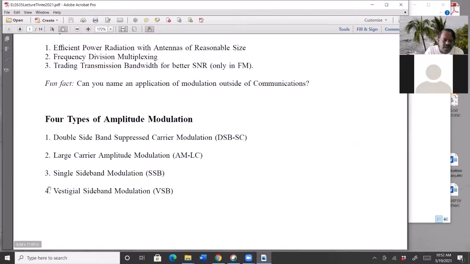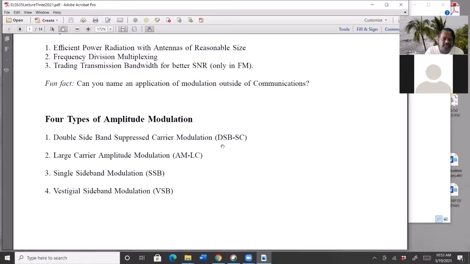So 3 and 4 are out. Single sideband modulation and vestigial sideband modulation I am not going to teach. So it's only double sideband suppressed carrier modulation and large carrier amplitude modulation. We are only going to talk about these 2. The others I am not going to teach, and these 2 will not be in the midterm.